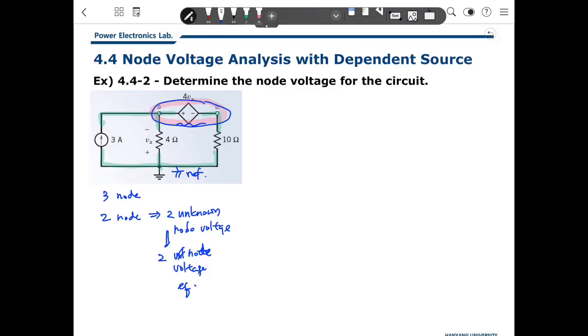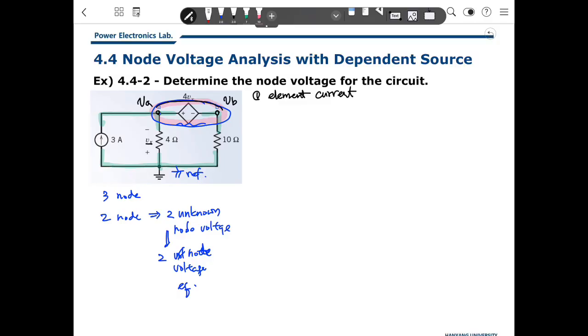So first, what should we do? First, the element currents. Because we will use a supernode, we should define them here. In the problem there is Vx. I define this node voltage VA and this node voltage VB.